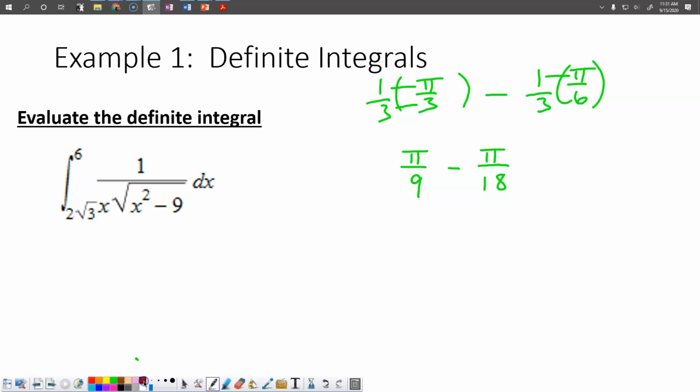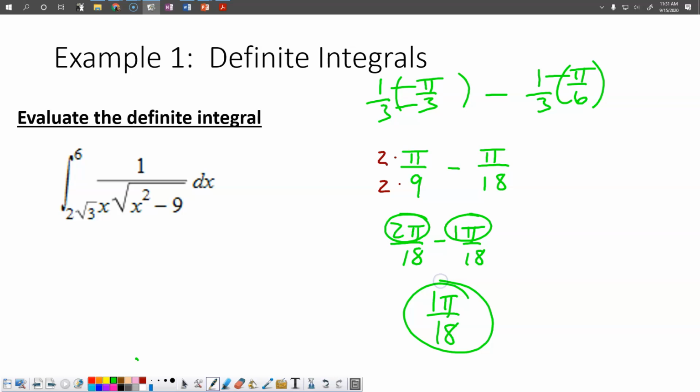So I would multiply the top and bottom by 2, which would give me 2 pi over 18 minus 1 pi over 18. I'm going to go ahead and put a 1 there just so it looks friendlier. So now I know that 2 pi minus 1 pi is 1 pi. And there's my final answer.